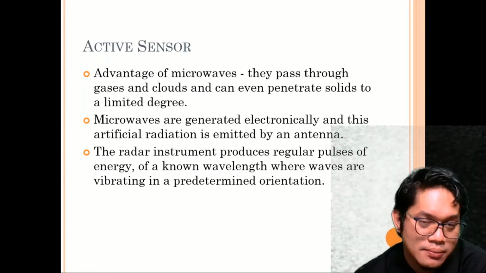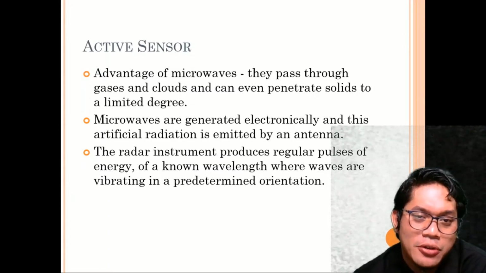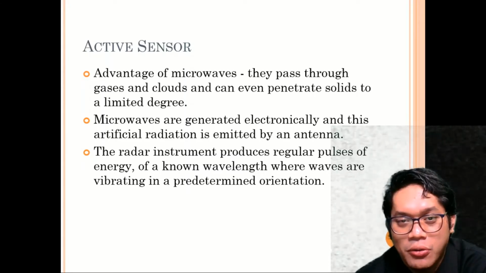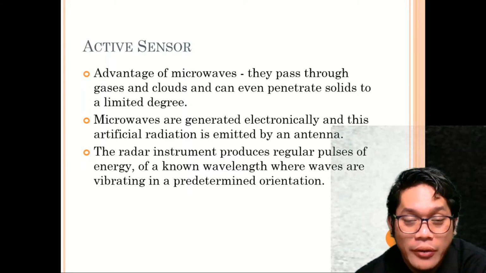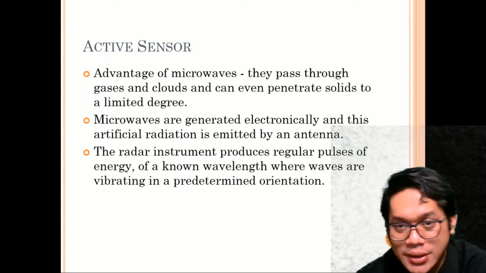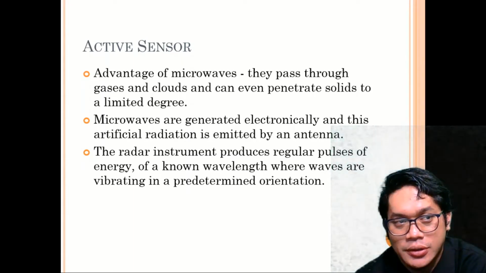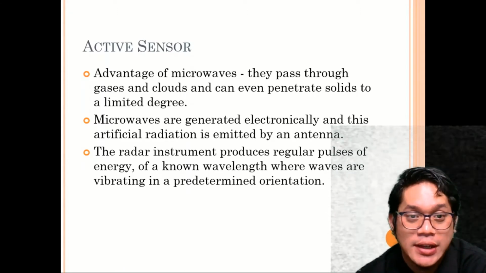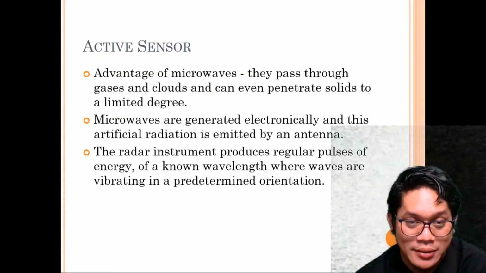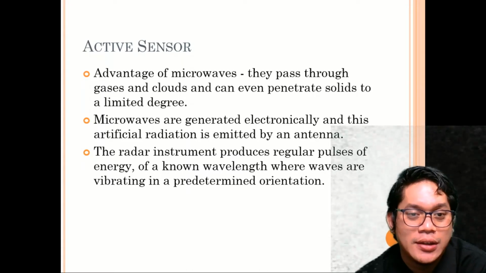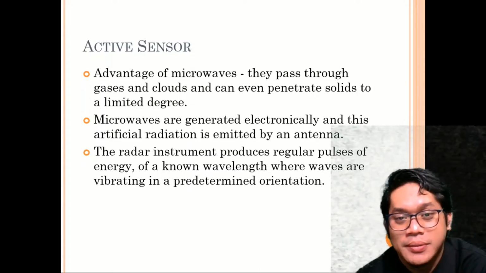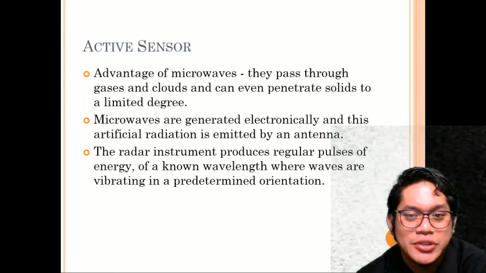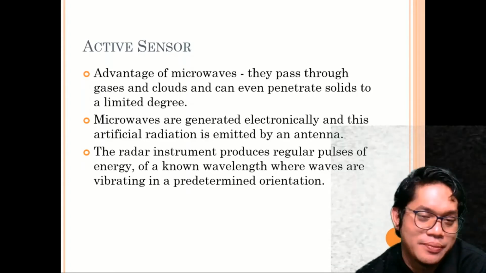So basically, it's called microwave because the wavelength is in the micrometer scale. Therefore, they can pass through the gases, as gases and clouds are finer than the micrometer, and they can even penetrate solids to a limited degree.